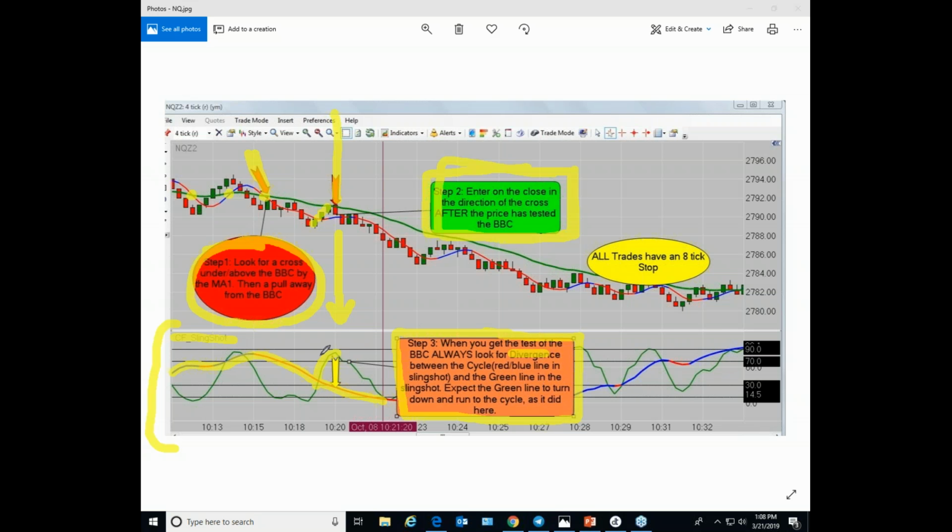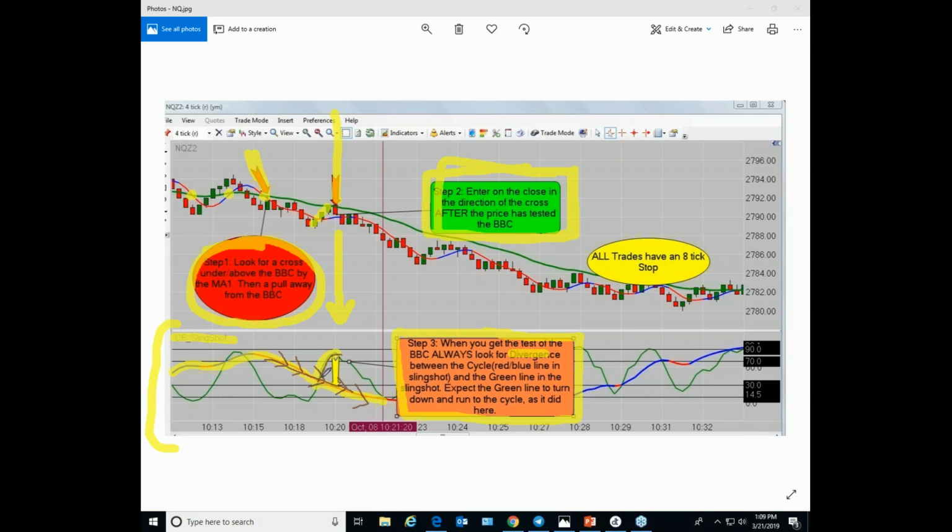And here's what it is. The green line pulling away from the cycle. Here's the cycle. It's kind of like a slingshot. You're pulling the green line back, and the further you pull it away, the farther the market's going to go. So what this is saying is, we are in a downtrend. The momentum is bearish.